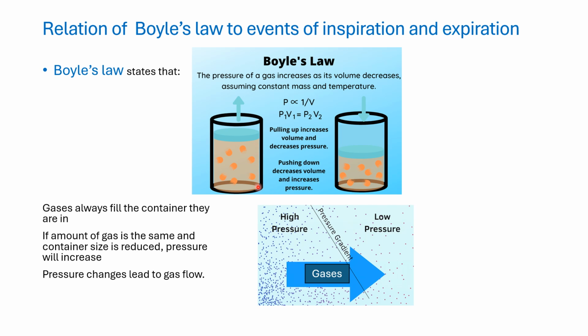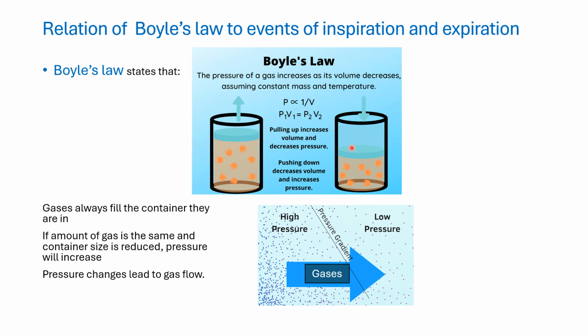So just consider these two beakers. Both of these orange things are gas molecules. As you can see, the volume in this beaker for this gas is more compared to this. Considering the mass of the gas, the amount of gas molecules, and the temperature are the same, at this volume this gas has a certain pressure, right?